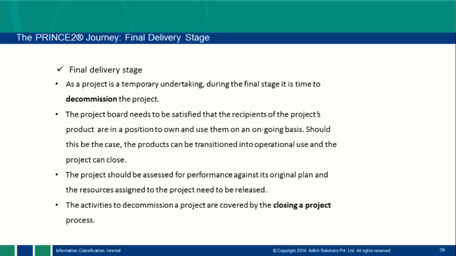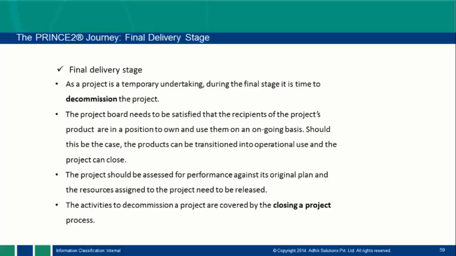So in final delivery, the ownership is going from the service provider to the customer. We are delivering to the customer, they are owning it now, and after project closure it will come into operations. The customer will sell their product to the end users, and the end users will use the products.